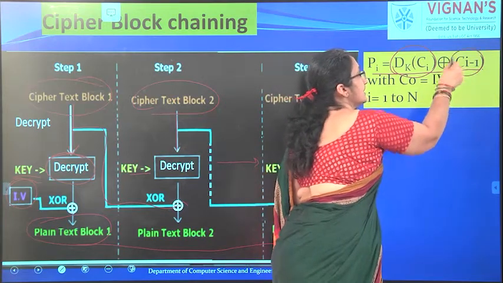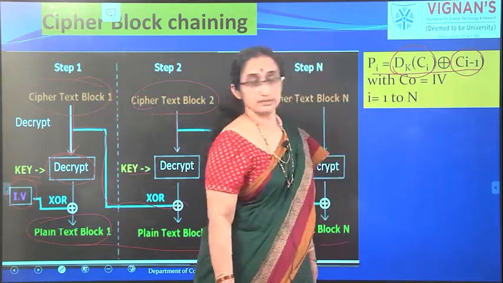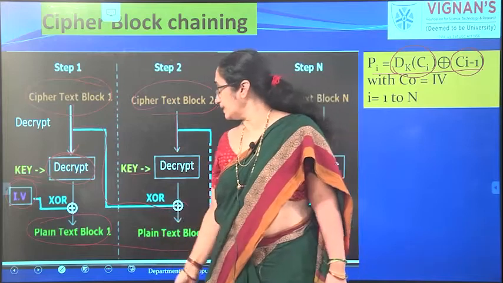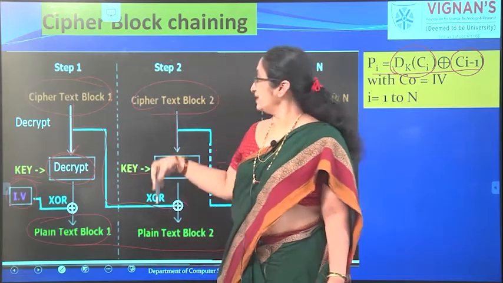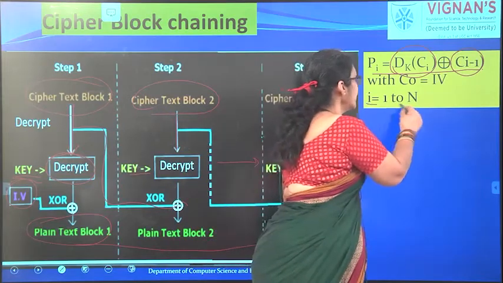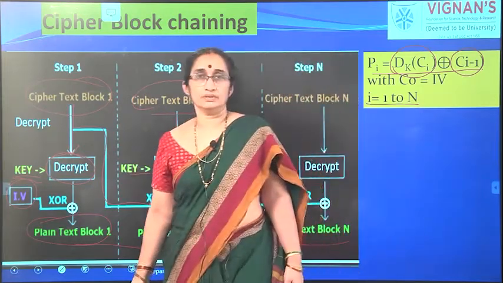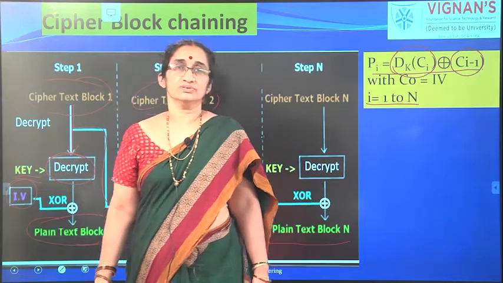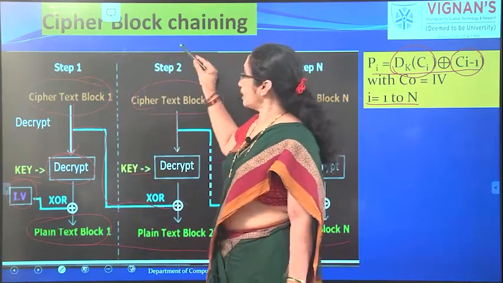In the first block you are XORing it with the IV, and in the next blocks you will be XORing it with the previous block's ciphertext, and this is done for blocks 1 to n. So, this is about cipher block chaining.